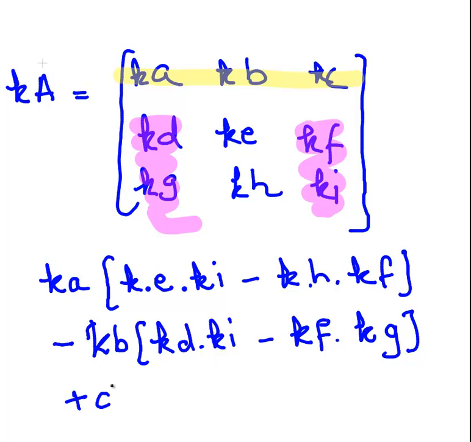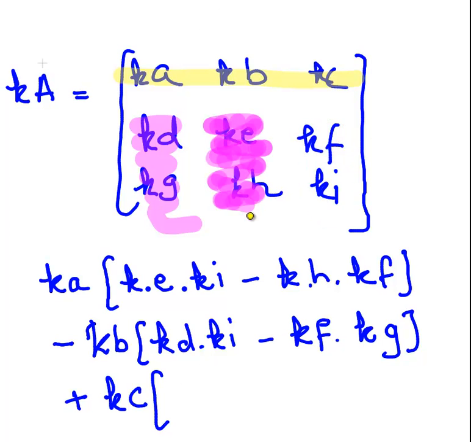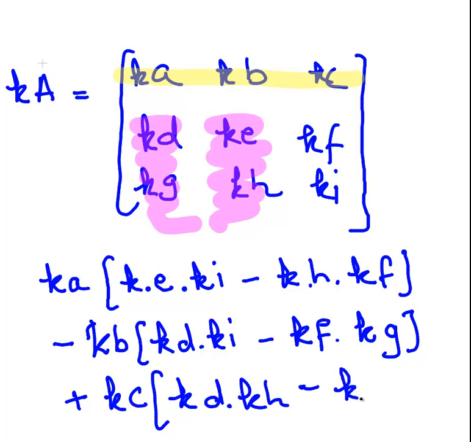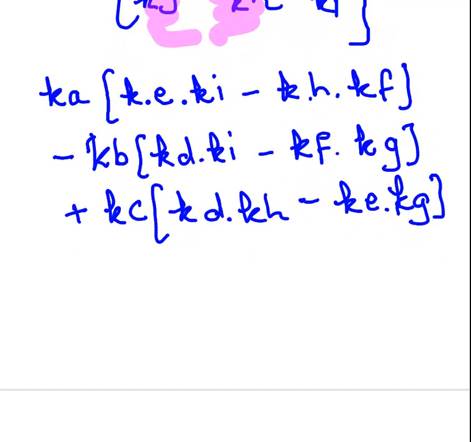And finally plus k times C, and the submatrix for C is what I have highlighted here, and that is k times D times k times H minus k times E times k times G. Again, I'm picking out alphabetical order there, apart from the k obviously. Now I'm going to simplify all of that.